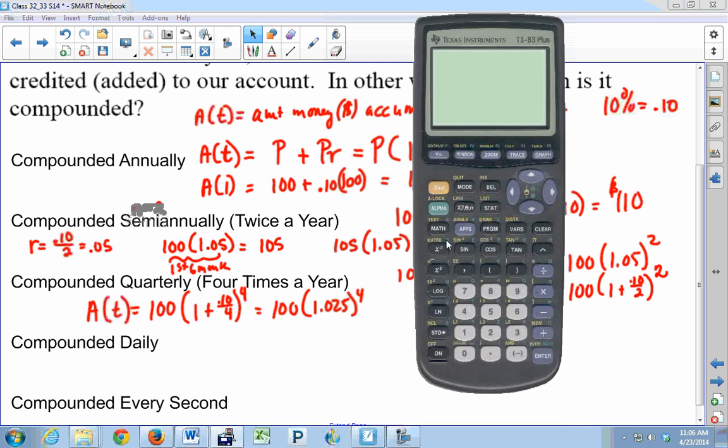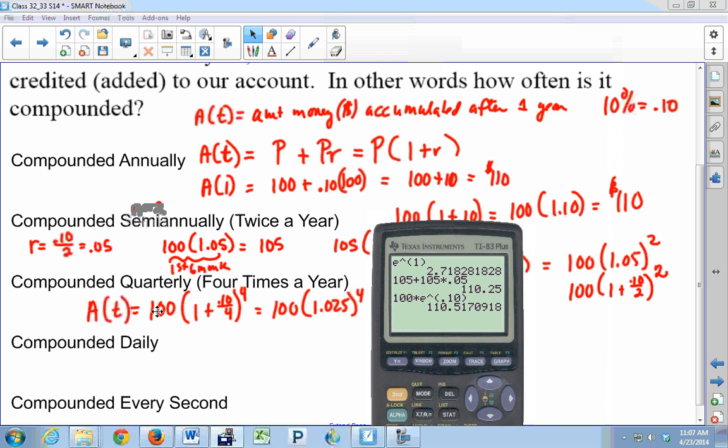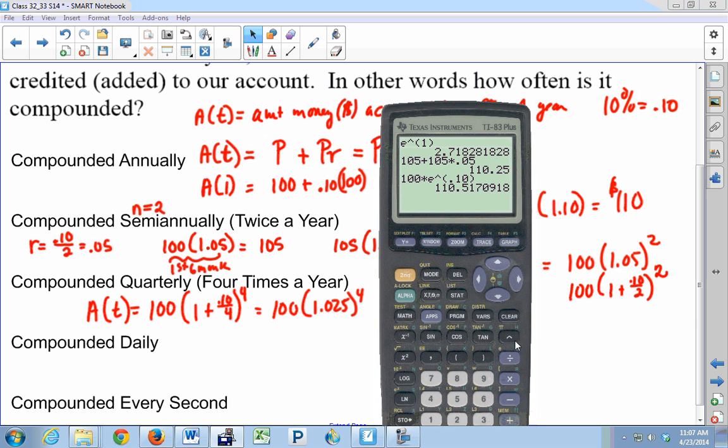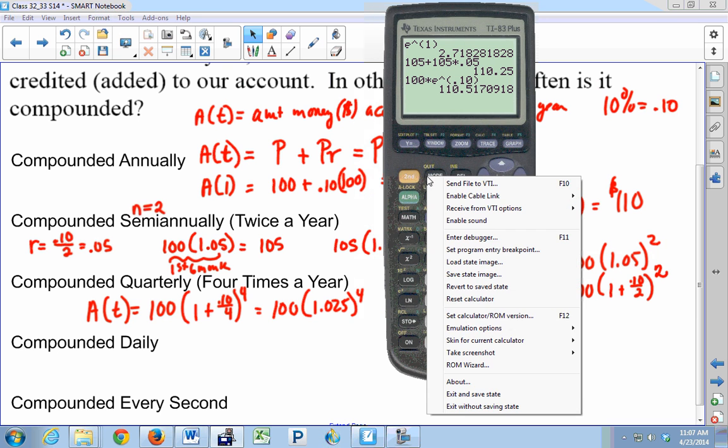I'm going to let my calculator do some of the work for me. So what's my formula starting to look like? 100 times 1 plus my interest rate, 10% divided by the number of times I'm compounding. So that's going to be my variable. So let's clear everything out of my calculator. Whoops, how come nothing's happening? My calculator's not working. That's weird.